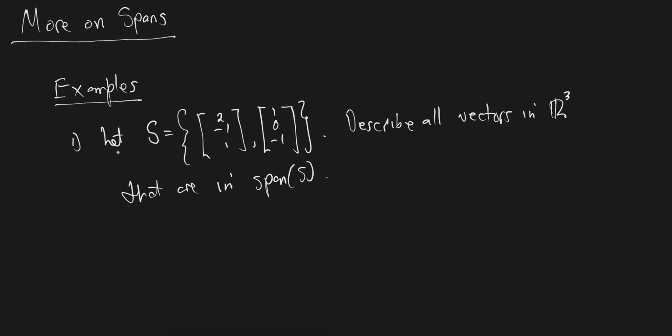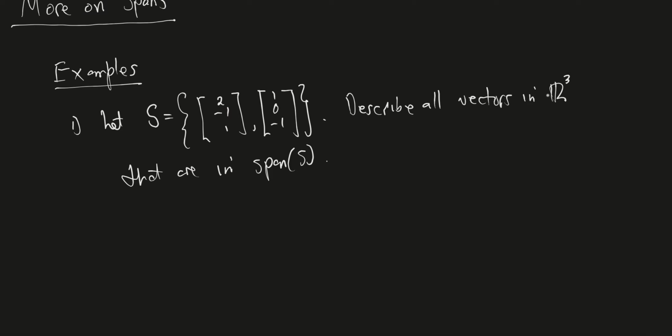Well, how can we possibly do that? There are infinitely many vectors in R3. Well, what we can do is translate this question into another question that relates to linear systems. So let (a, b, c) be our vector in R3. Now obviously this represents all possible vectors in R3.